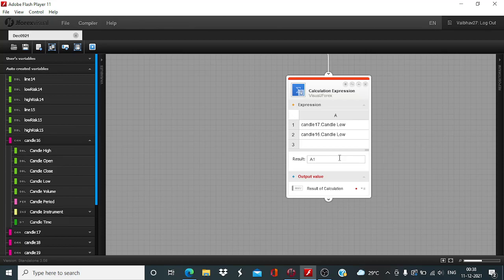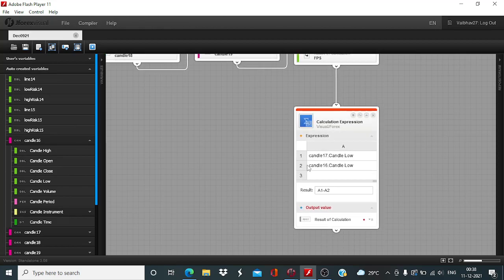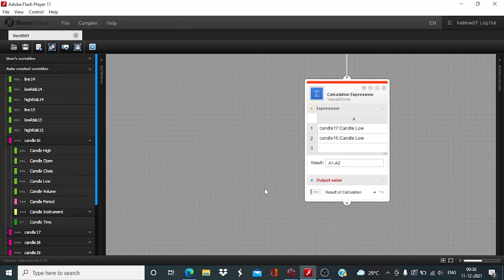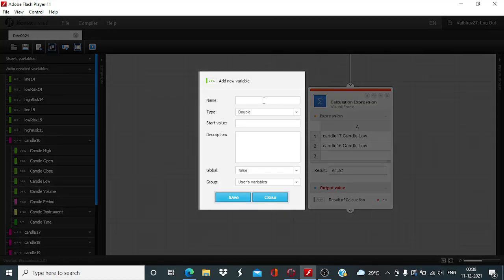A1 minus A2. Okay, candle 17 candle low minus candle 16 candle low. So this will be the actual difference.